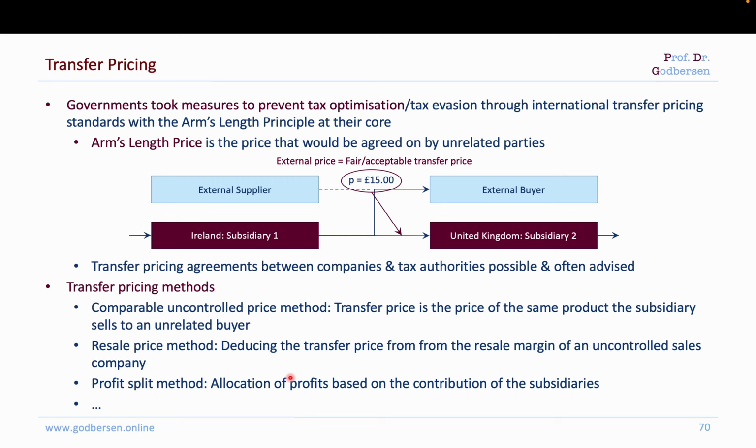Profit split method is the allocation of profits based on the contribution of the subsidiaries to the overall offer that you bring into the market. And there are several more. It's a fun subject, so you might dive deeper into this, but in this crash course it would probably be a bit over the top to dive really deep into this.